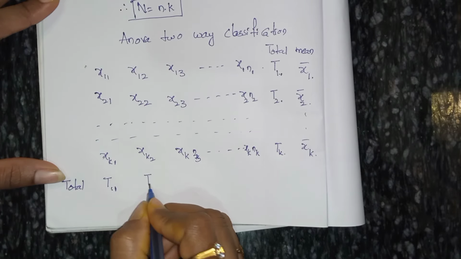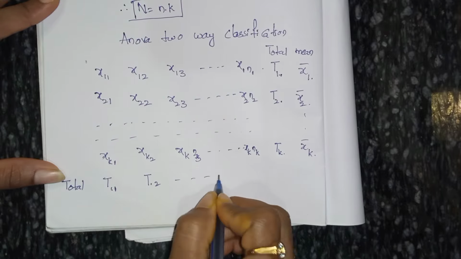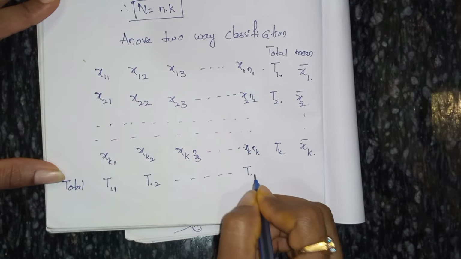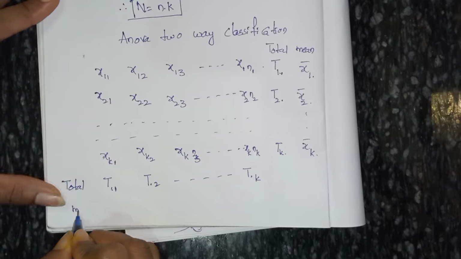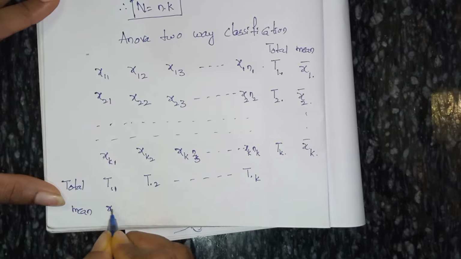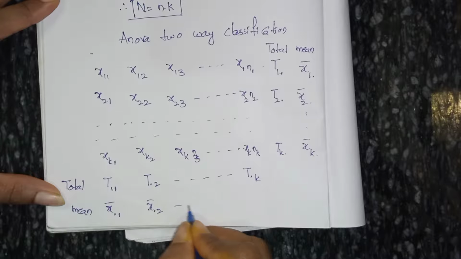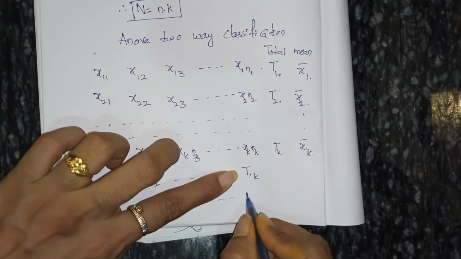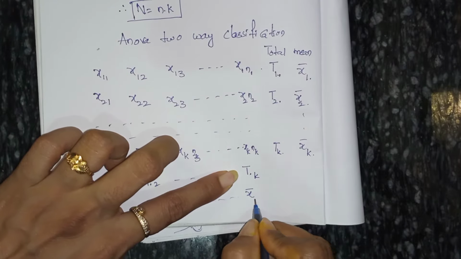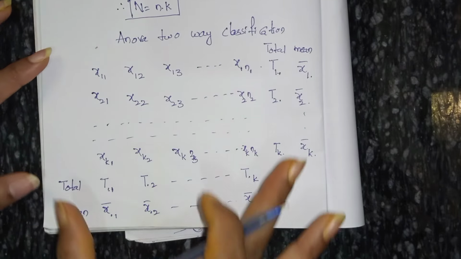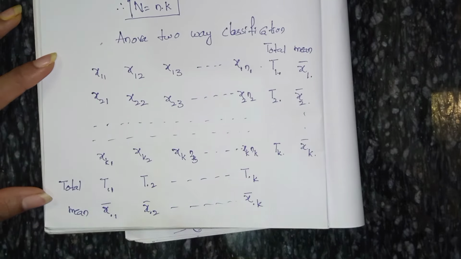So t dot 2 and so on. At last t dot k. And the means: x bar dot 1, x bar dot 2 and so on, x bar dot k. So this is the ANOVA two-way classification table.